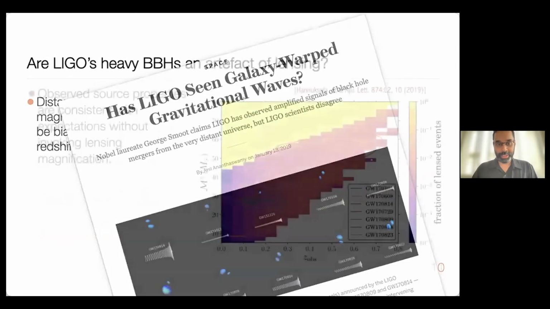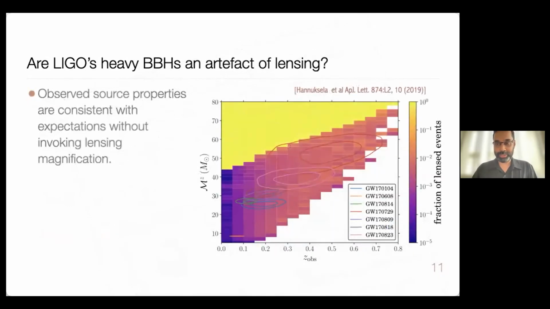However, most astrophysicists and astronomers disagree with this statement, because it requires much more fine-tuning of either the lensing distribution, or some very non-trivial models of the merger distribution of compact binaries. One can actually explain the observed mass distributions without invoking it.